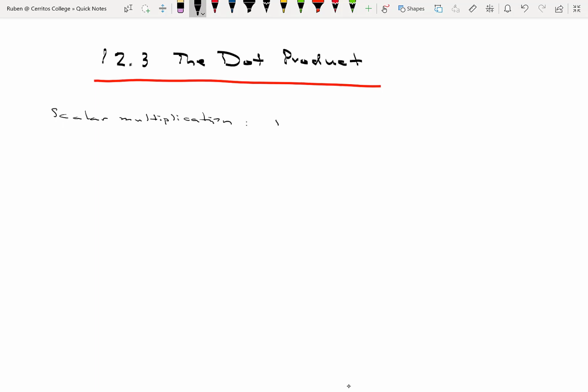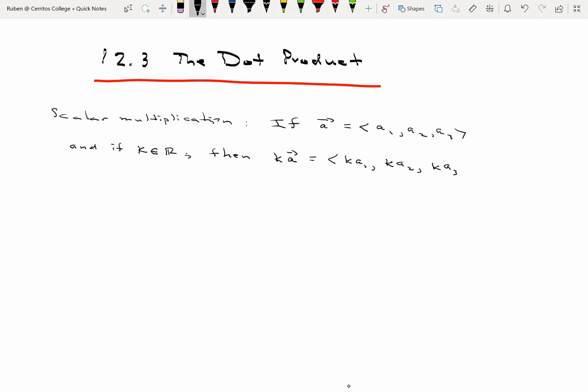So for example, if A is the vector whose components are A1, A2, and A3, and if K is an element of, that's a small epsilon that's morphed into the symbol for an element of, the real numbers, or if K is a real number, then from the last section, we define Ka to be the vector whose components are K times A1, K times A2, and K times A3.